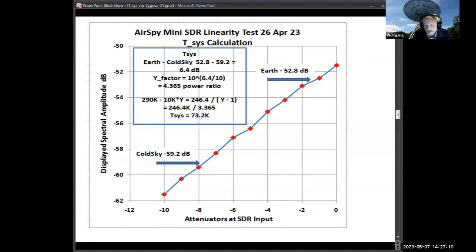I mean, the only disparity that we actually have is that the S7 measurement indicates a higher Tsys. I don't see any problem with your measurement, the hot cold. I mean, the number, 73 Kelvin, is a very low number, a very favorable number.